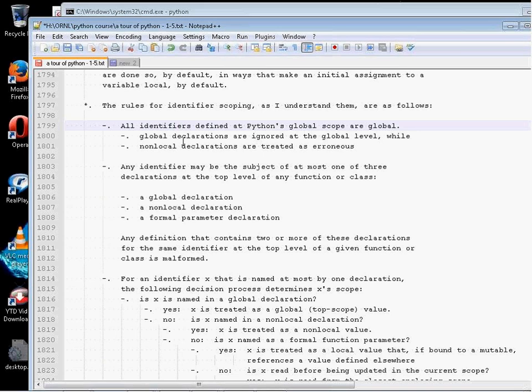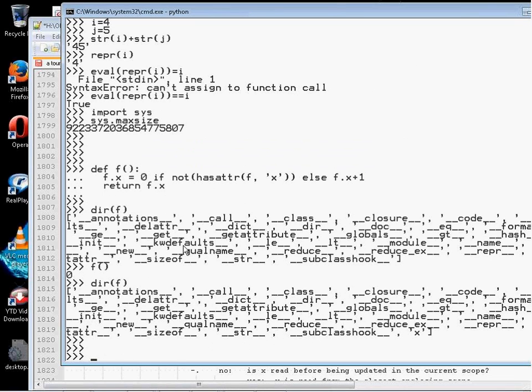That makes sense, because you're not in an inferior scope. The identifier can be entered once as a global, as a non-local, or as a formal parameter.